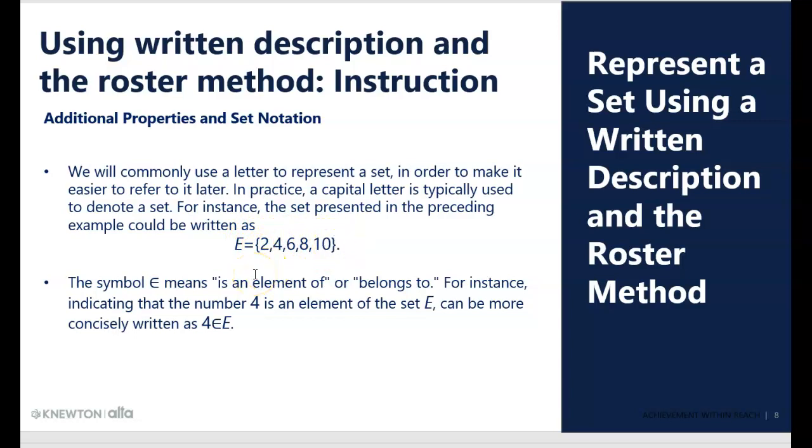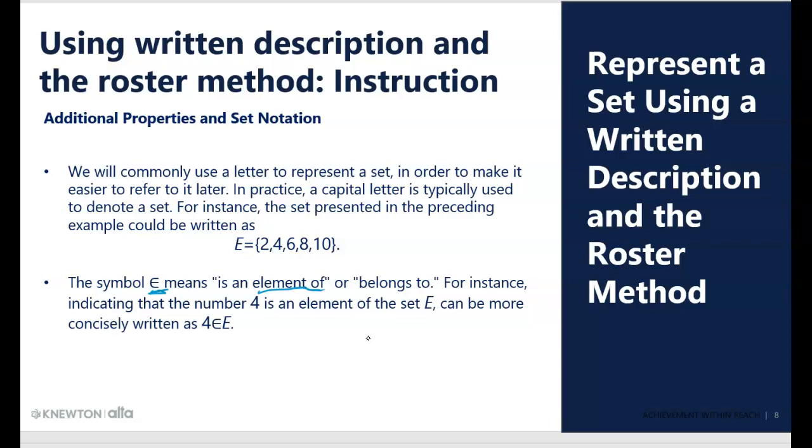Then I have a symbol here that's introduced, and you'll have a list of symbols that you'll need to learn. And this one is actually pretty straightforward because it looks like an E. It's just kind of rounded off. It means is an element of. An element of is something that belongs to the set. So each person in the class would be an element of the set containing all the members of our class.